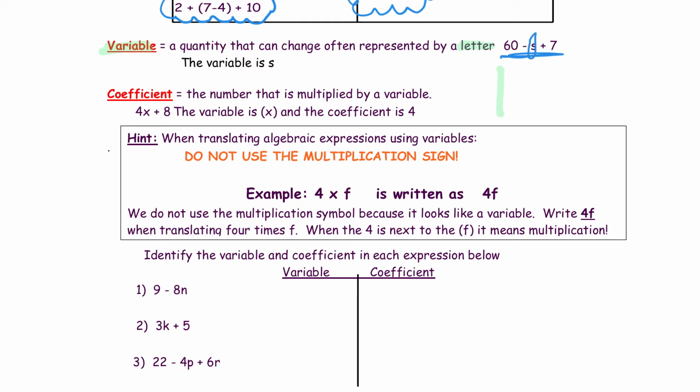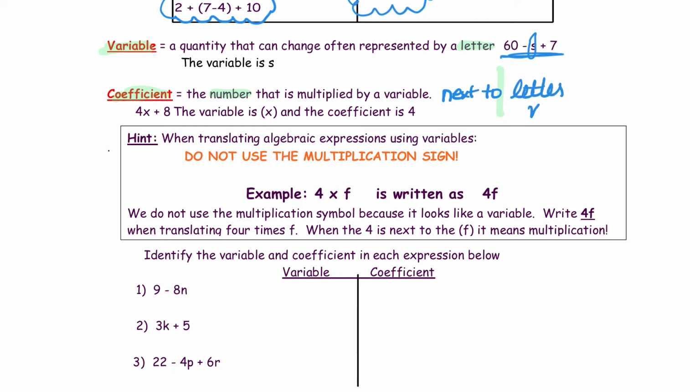It's a letter. Next, we have the term coefficient. A coefficient is the number that is multiplied by a variable, and it is also the number next to the letter or variable.